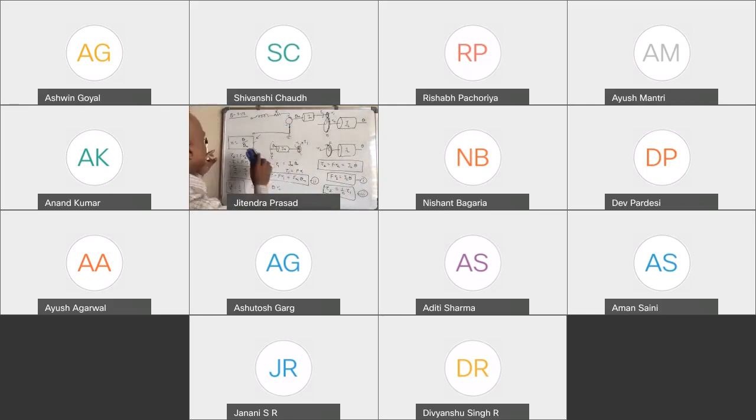Now see which equations we have. Okay, so I'm going to delete here. We have one equation. Since this is in terms of n, we don't need this one, we just need this one. So you write tau 2 equal to jl theta double dot. Then the second equation we have is this one: tau minus tau 1 equal to jm theta double dot.